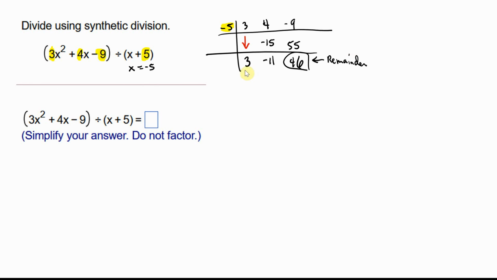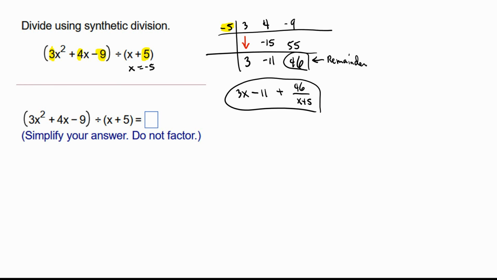Notice that we started with x to the second, so our answer here is going to be 1 degree less. So this is 3x minus 11 plus 46 over the binomial x plus 5. Synthetic division saves on a whole lot of steps.